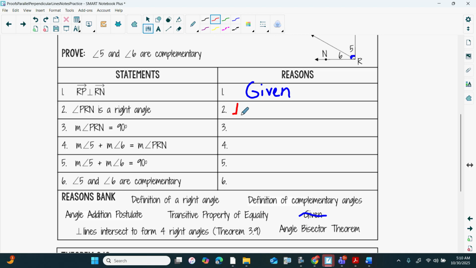So perpendicular lines intersect to form four right angles. That was the 3.9. So put these in here.